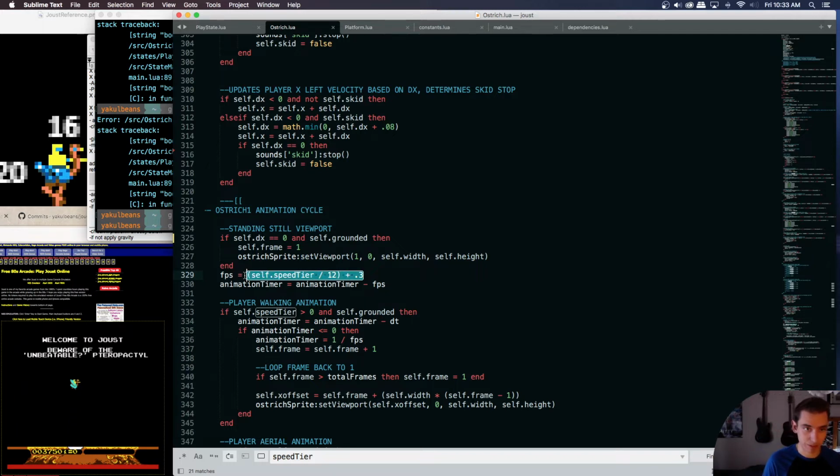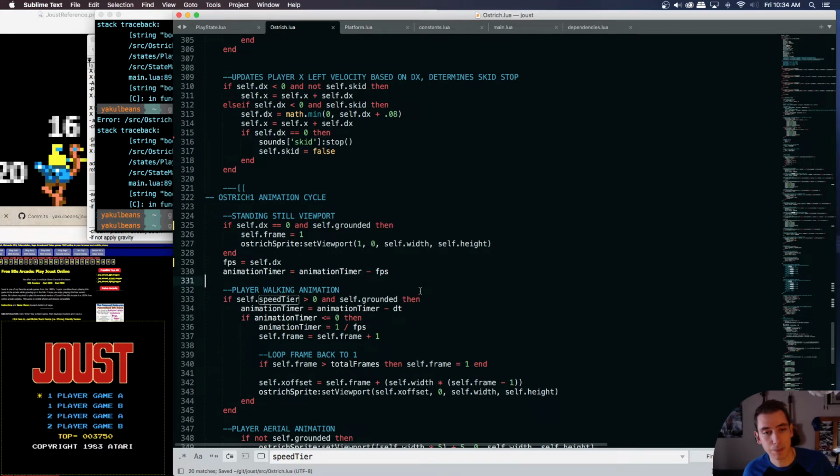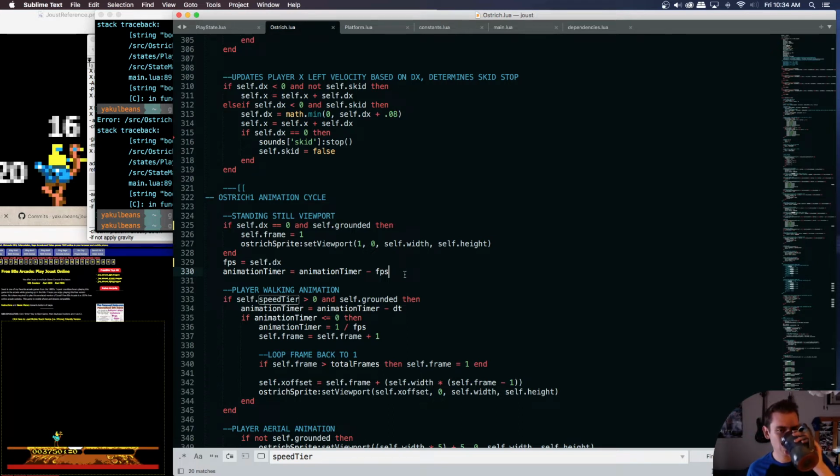Let's just say FPS gets our dx, which is wild that it's almost the same. And if the top end is too slow, we can figure out another little formula. That's perfect too, because we want our FPS to be in relation to our velocity. So it makes perfect sense.